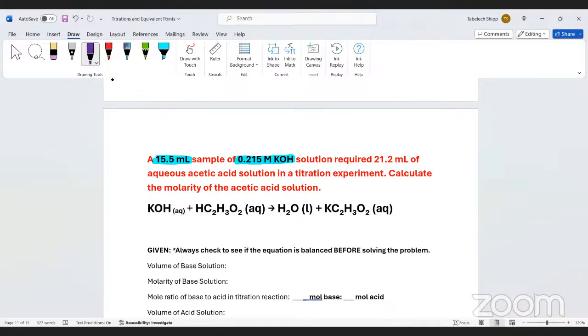So the volume that they told me was 15.5 milliliters. You've got to convert that to a liter. So that's what I'm doing right now. I'm converting that to a liter. Okay. Now, the next thing they gave me was the molarity, 0.215 molarity, which is also the same thing as 0.215 moles per liter. Remember, molarity means moles per liter.